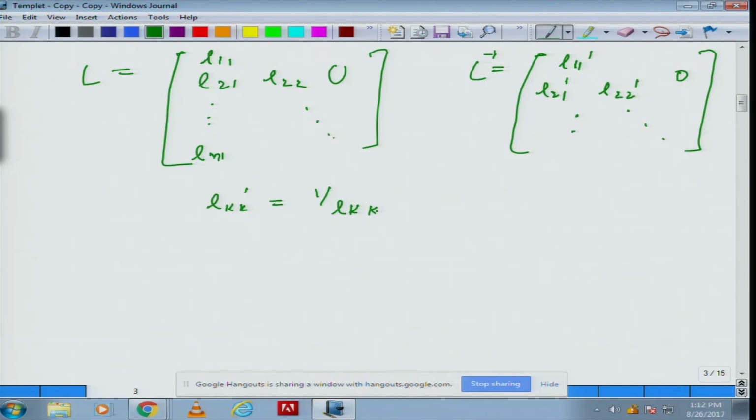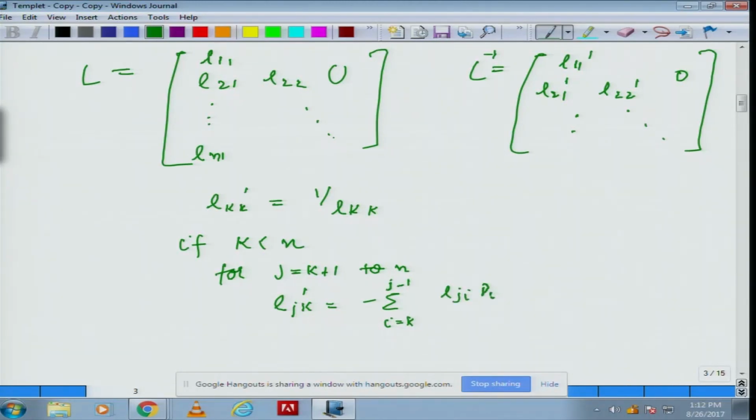The diagonal entries are simply the reciprocal of the diagonal entries of L, and for the non-diagonal entries, if k is less than n, there will be a loop from j equal to k plus 1 to n, and you will get L jk dash equal to minus of sigma i equal to k to j minus 1 of L ji L ik dash upon L jj. So this is the final algorithm.